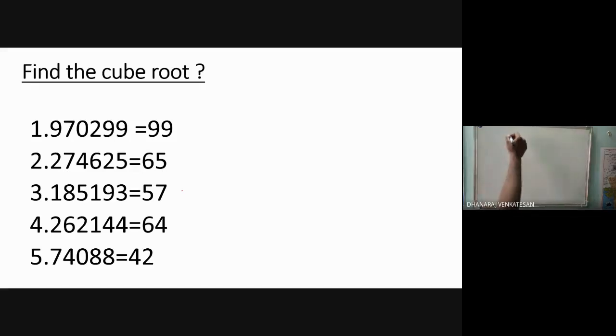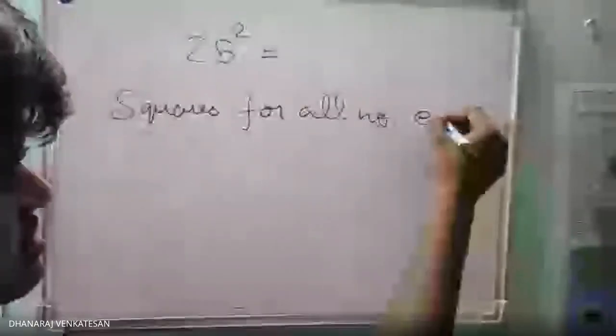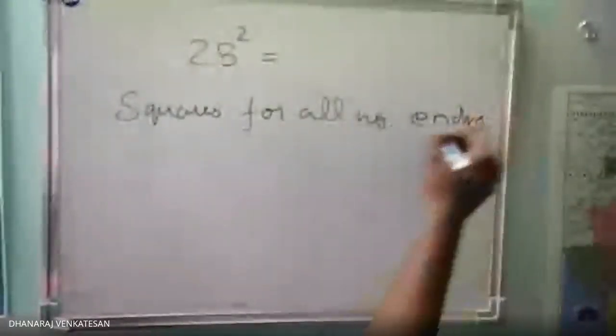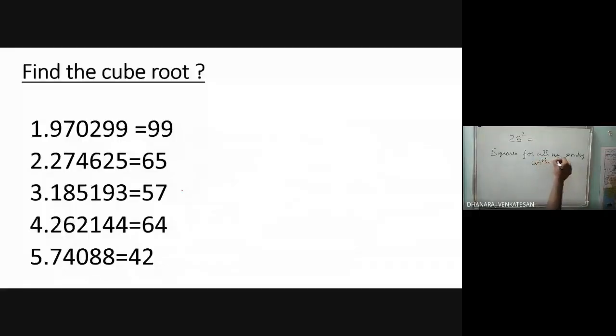Okay, if you have 25 square, you can't tell them if you don't know the value for this. I will teach you a shortcut to find the product. Squares for all numbers ending with 5.